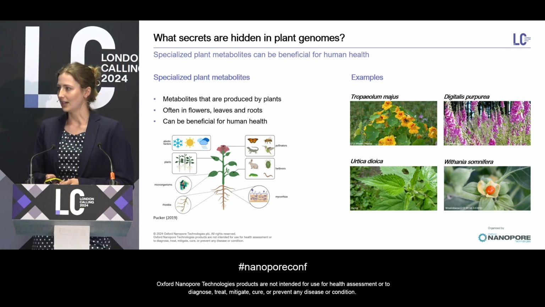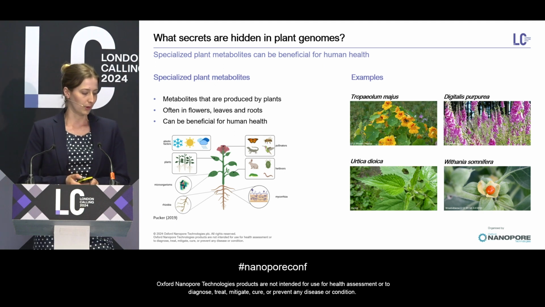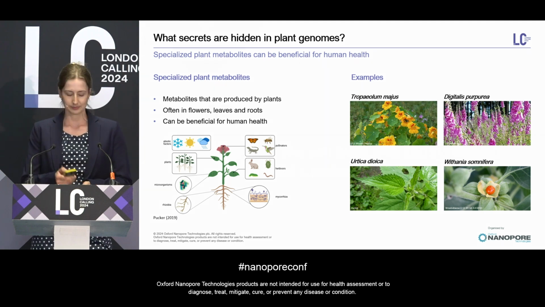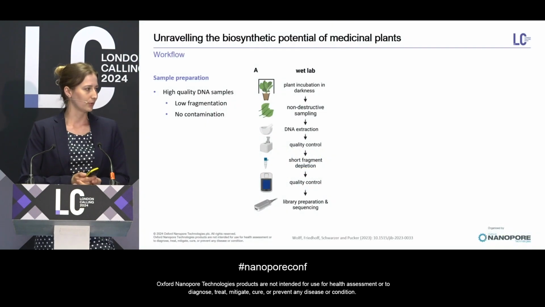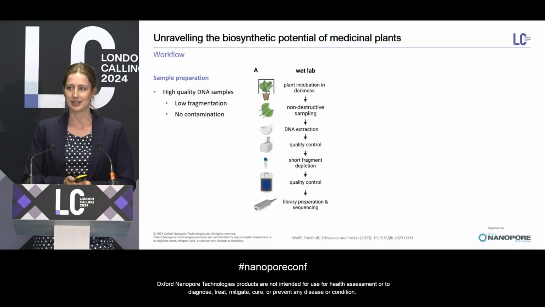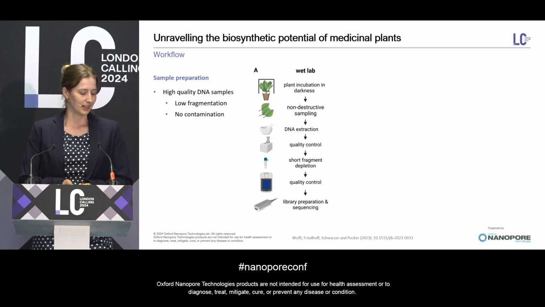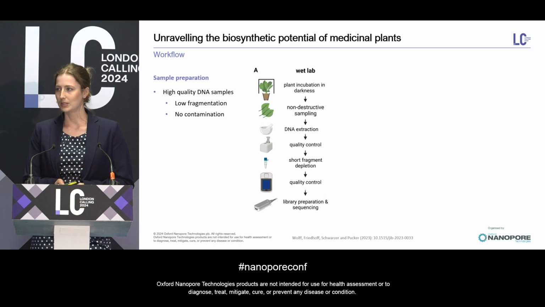But before I do that, I would like to introduce you to the workflow of our projects in our labs. So at the beginning of all of our projects, probably not surprising, is DNA extraction. And DNA extraction from plants can sometimes be difficult.